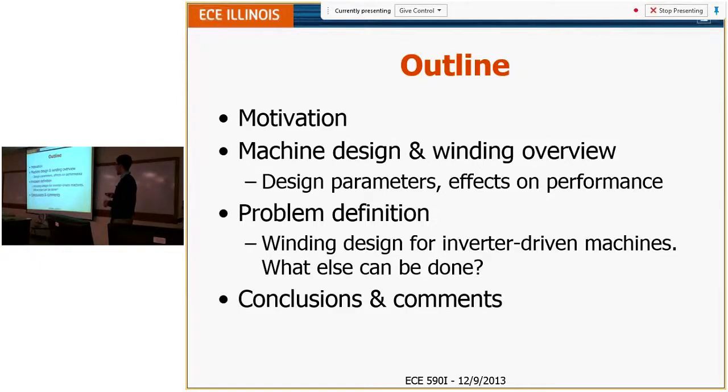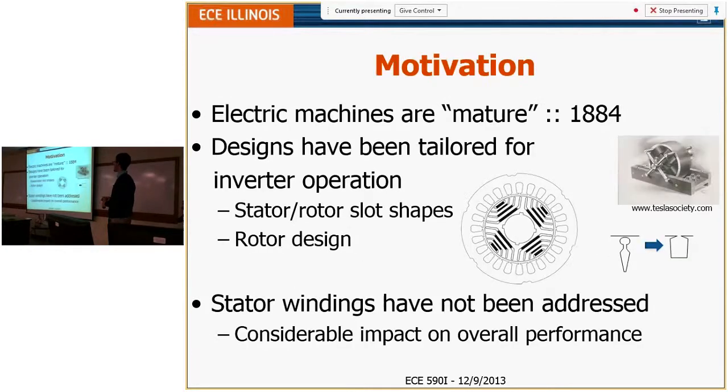And then I'll give a few definitions that I'll use later on to define my research. And then I'll talk about why we're looking at it and what can be done. So my research is focusing on winding design for inverter-driven machines, not line-fed machines. So it's not only 60 hertz. The machines I work on are only used with inverters. And then, of course, conclusions.